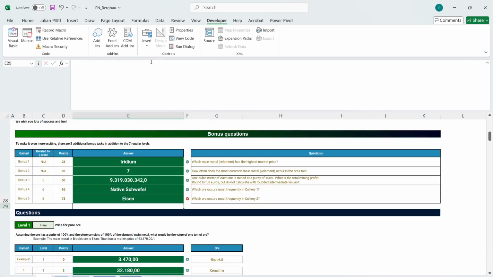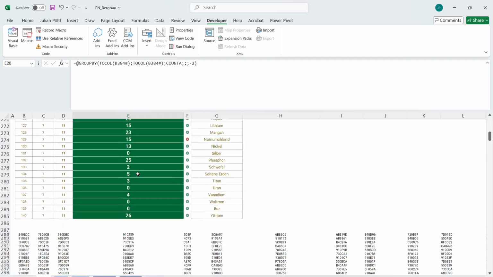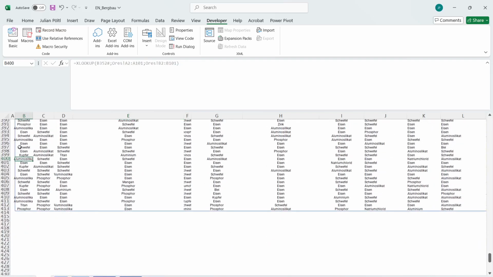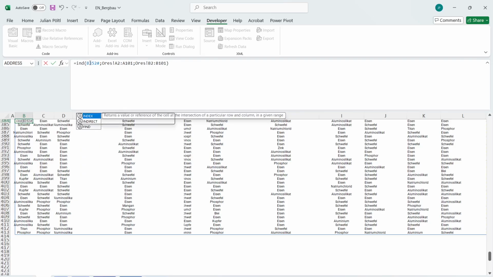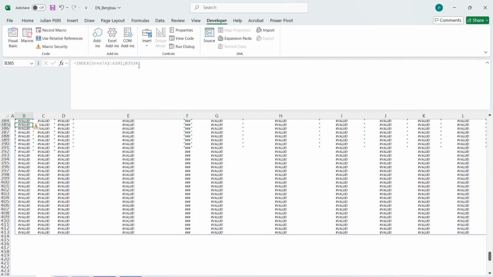And as you will see, oh no, for this I don't want to have the main metal. Yeah, I should have used index on this, and now you can see nothing.